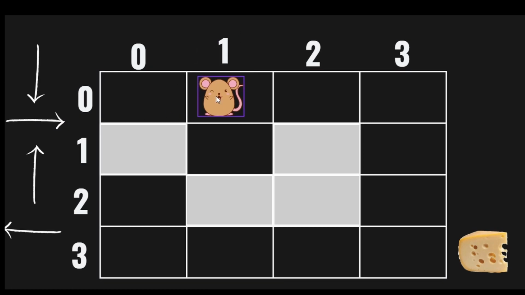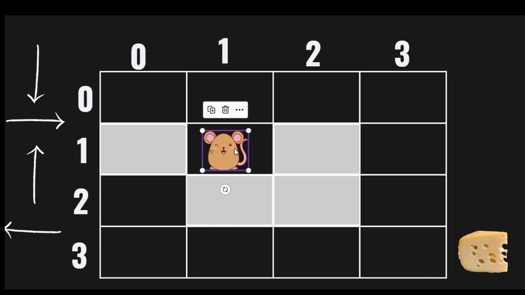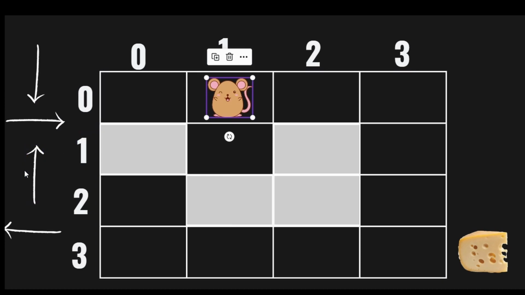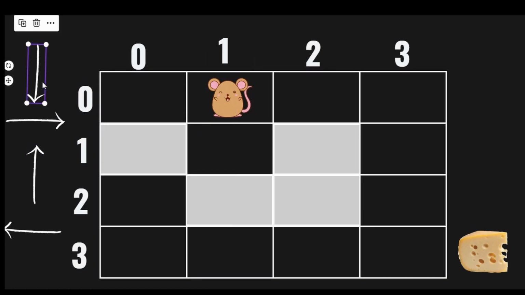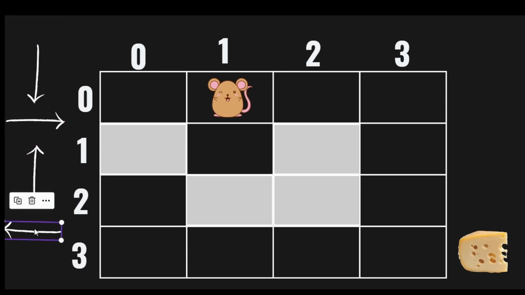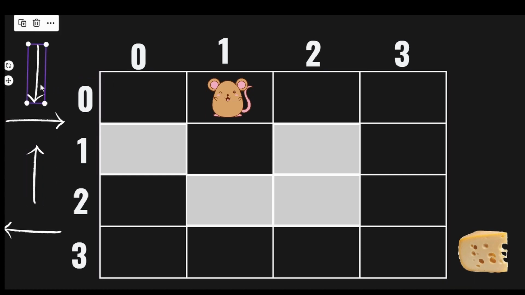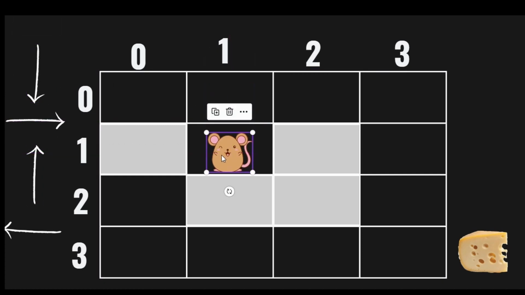Then we're going to try going down. Oh, we can go down. Great. Next, we're going to try going down again. Oops, we can't go down. We're going to try to go right. We can't go right. We're going to try to go up. Oh, we went up. We'll do the same thing again. We're going to try our 4 moves until one of them allows us to make a move. We'll try going down. Oh, we can go down. Great. And then we'll try to go right.